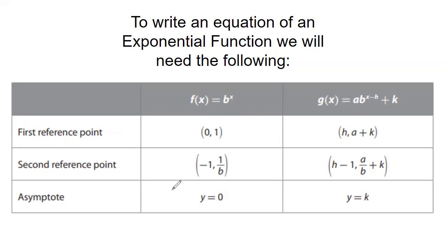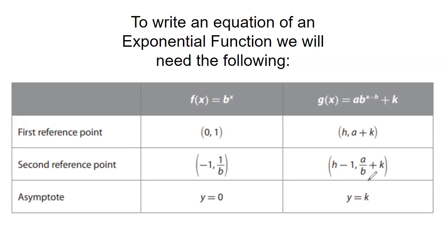Now, once it's been transformed and given new parameters, we follow these notions. We look at the first reference point in our graph, and it's given as h for the x value and a plus k for the y value.